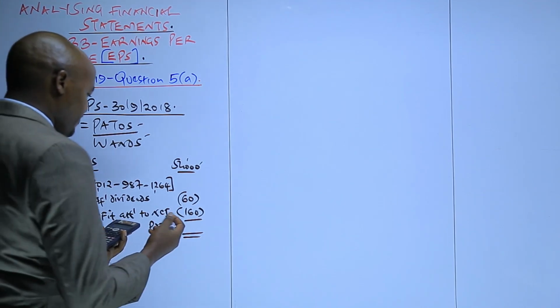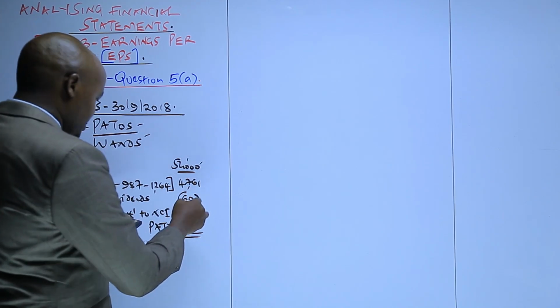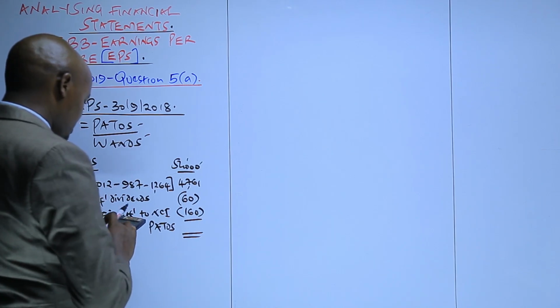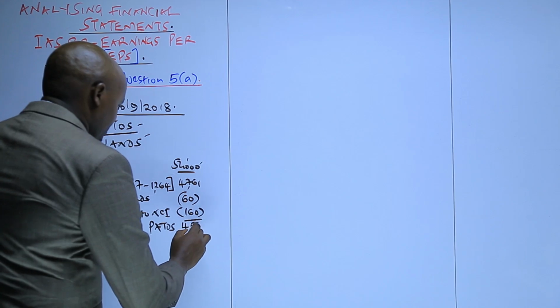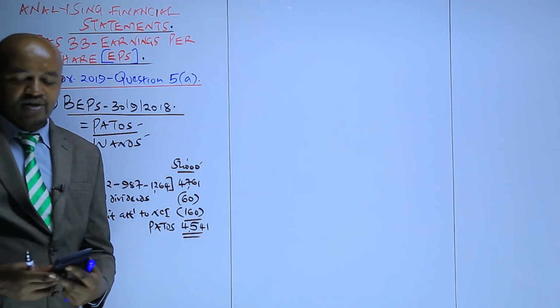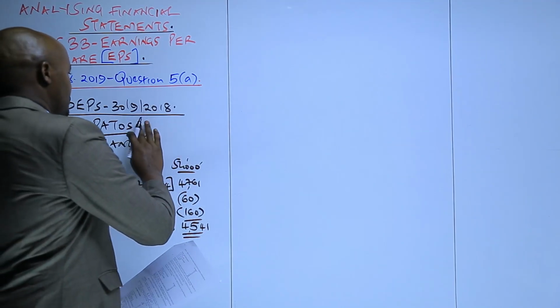So that will give us a figure of 4761, and then we less these two items. We less 60 and also we less 160. So we get 4541. So 4541, this is what? The profits attributable to ordinary shareholders. So in our case, we already have that.